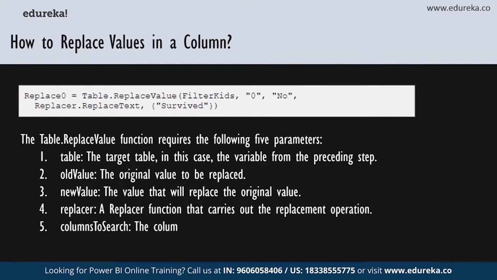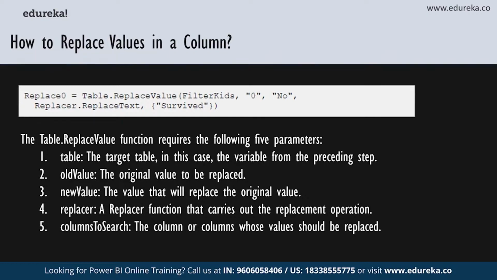And finally, you have columns to search, the column or columns whose values should be replaced. Most of the parameters should be self-explanatory except perhaps the replacer parameter. For this, you can choose from several functions that work in conjunction with the replace value function to update the values. In this case, the replace text function is used because text values are being replaced.